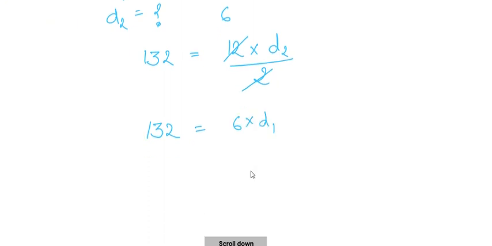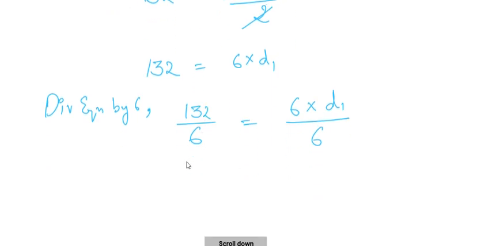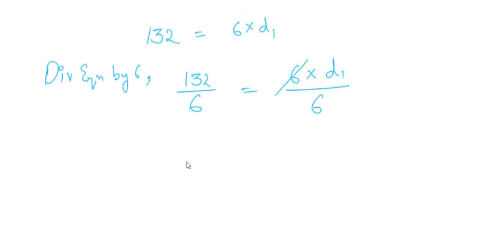So divide the equation by 6. We would get 132 divided by 6 equals 6 times D1 divided by 6. After dividing the equation by 6, I can cancel out my 6, and I would have 132 divided by 6 as D1, which is needed to find.